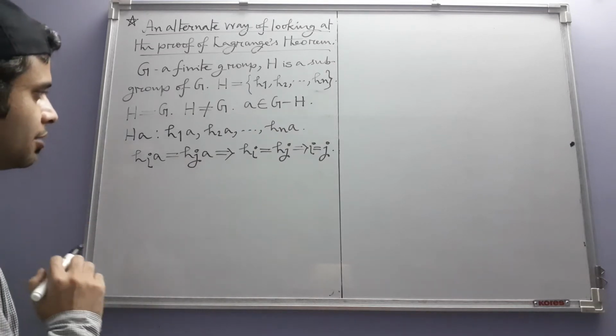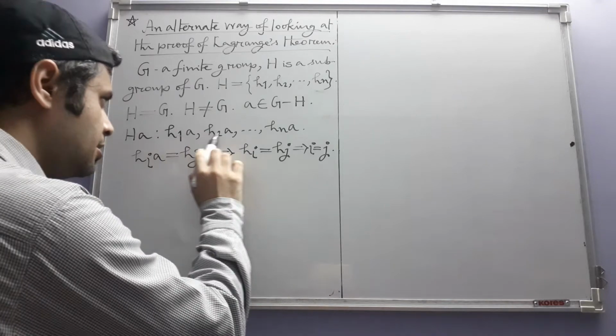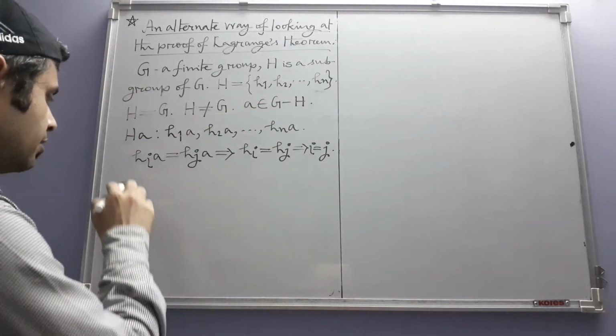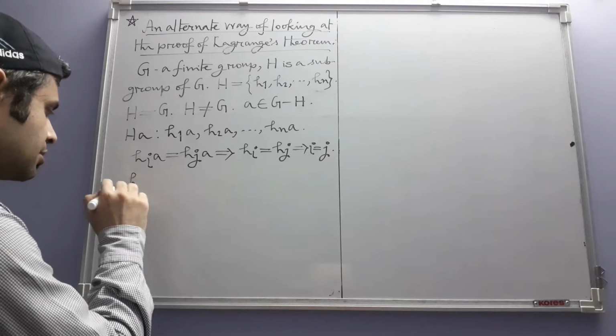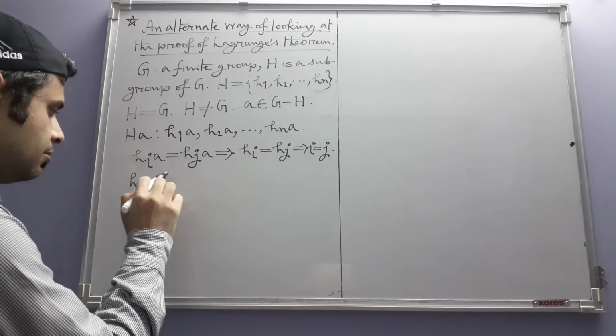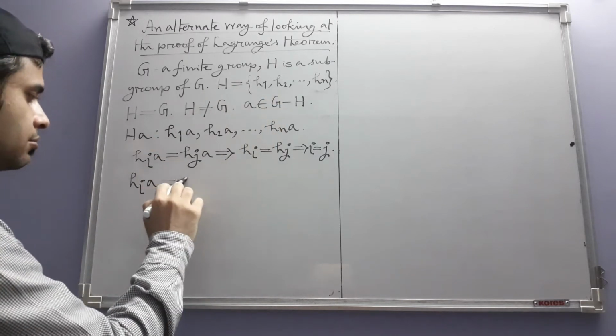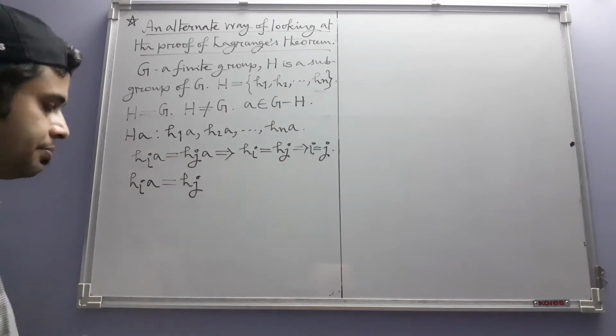The other observation is that none of these elements can appear inside H. Say otherwise, what will happen? Suppose HIA appears inside H, it should be some, say, HJ.